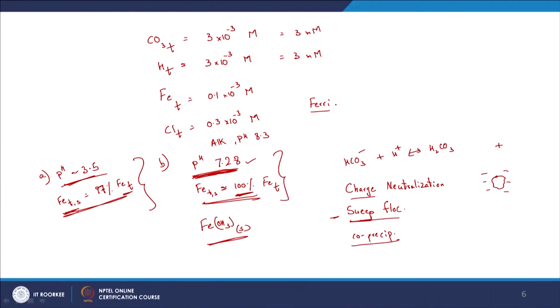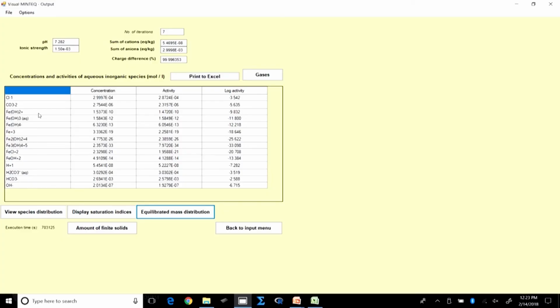Now you have little to no charge neutralization, because all the Fe3+ has precipitated out. Any complexes that are present, we can look at that here. All the positively charged complexes are present even right now at remarkably low concentrations.